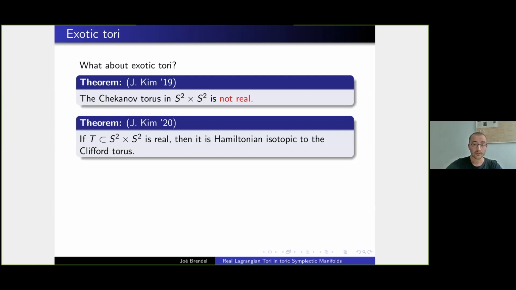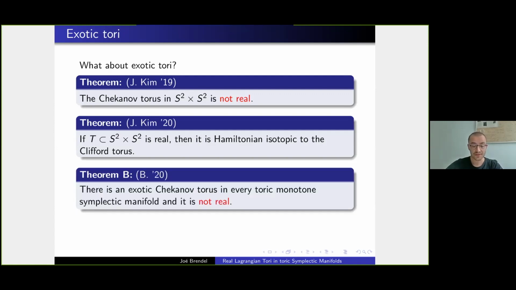Okay, and so the second main result today is basically a generalization of Kim's first theorem. Namely, I did the same thing, but in the general monotone toric case. So you can show that there's a Chekanov torus sitting inside of every one of these spaces. And you can show that the Chekanov torus is exotic, first of all.